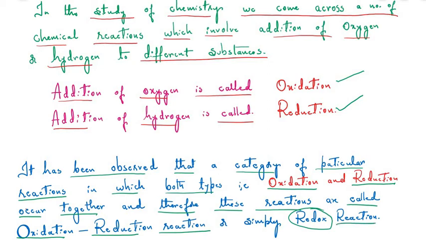Is it clear, students? So it means that wherever there is oxidation, there must always be a reduction. Similarly, wherever there is reduction, there must be oxidation. Is it clear, students?